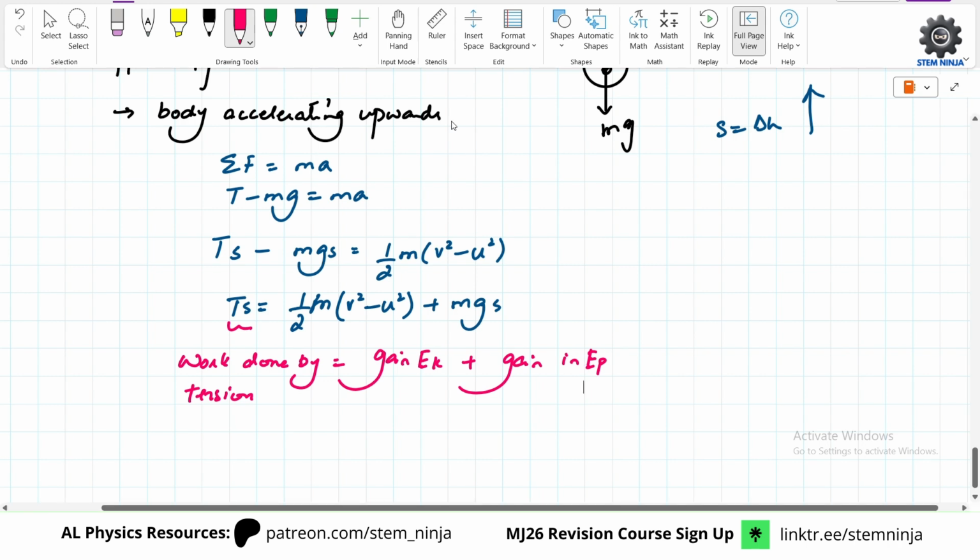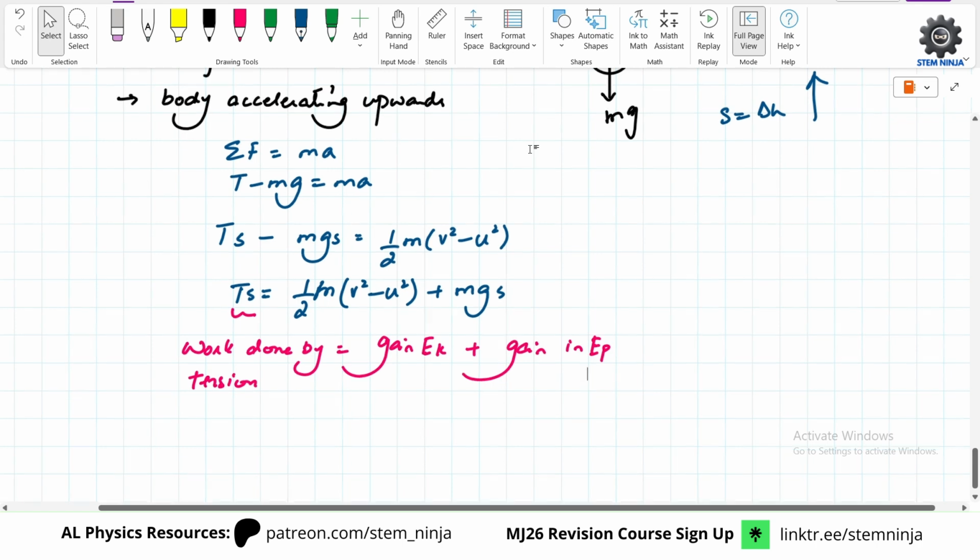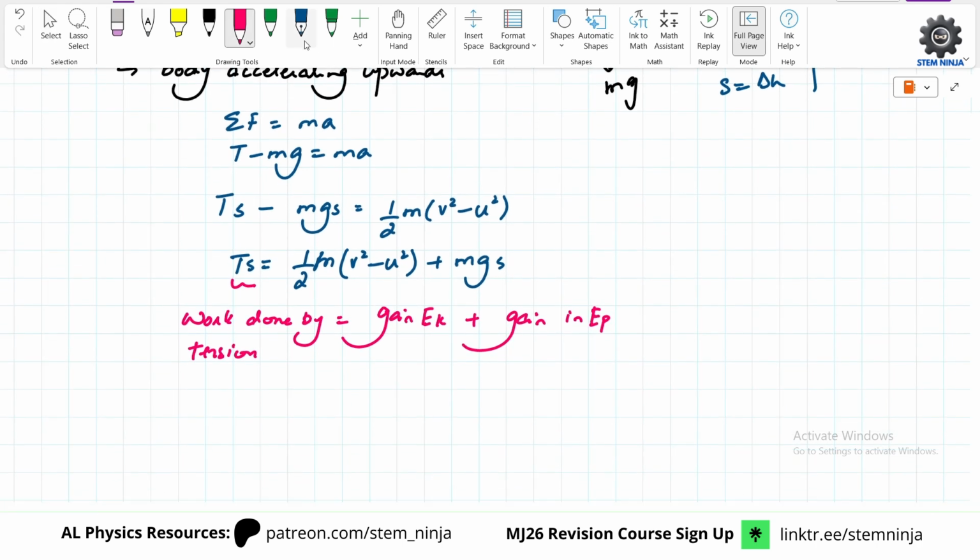What if it is moving upwards but with a constant velocity? What is going on then? So it's moving upwards. The tension is taking it upwards, but acceleration is 0, and this is still a positive direction.